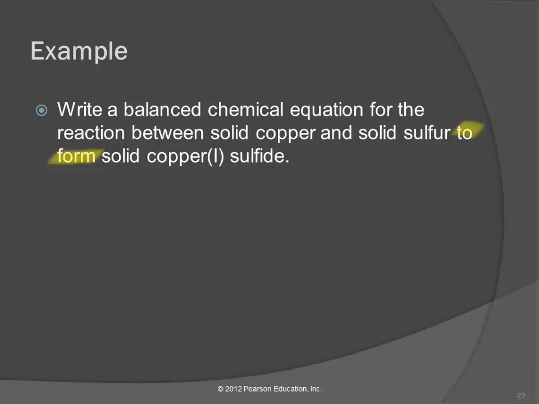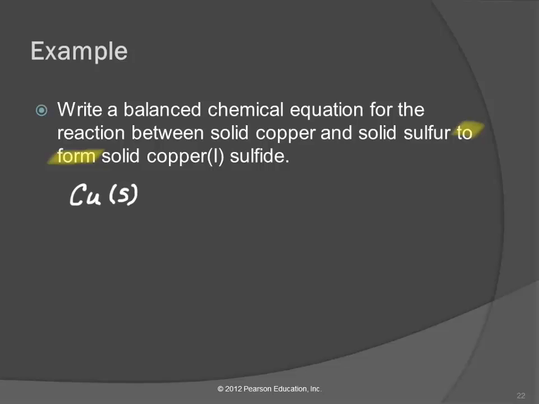So the first thing we have to do is figure out what these formulas are. So solid copper. Okay, that is just the element copper. Copper has the symbol Cu. Whenever you're writing an element, ask yourself, is that one of the 7 diatomic elements? No, it's not. We're going to write our state symbols in here just because they're giving us the states, so we don't even have to think about it too much. So solid copper is copper with an (s) in parentheses afterwards.